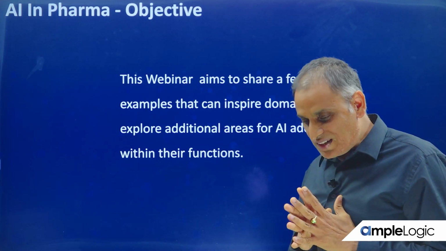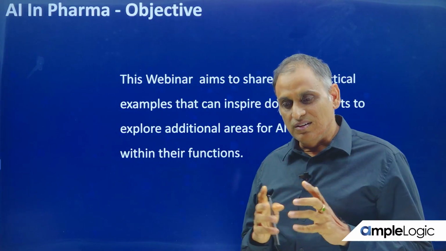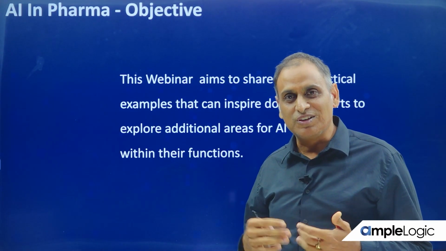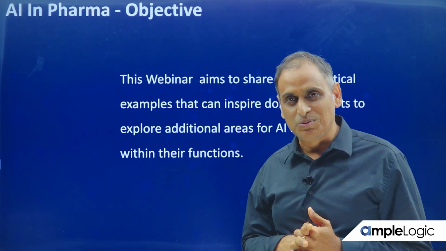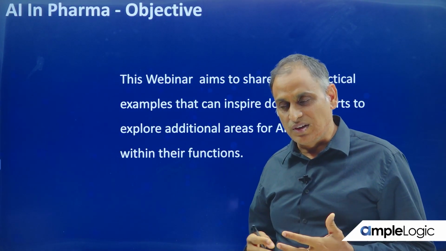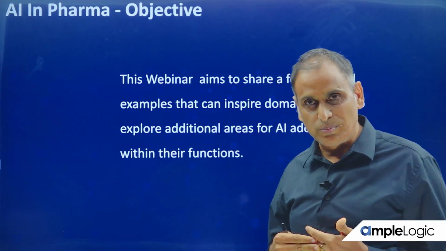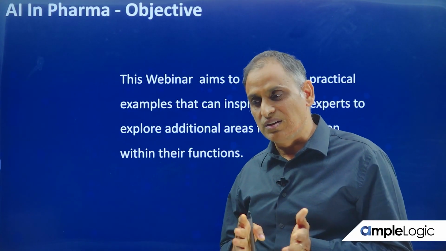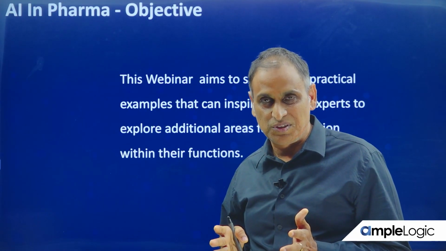So let me start with a classic example which we experience every day. When Google was there, we started using Google. Then after ChatGPT came into the picture, we started depending more on ChatGPT. Now you can create a document, you can create PowerPoint presentations, all these things you can do with ChatGPT. Gradually, users are moving from Google to ChatGPT.